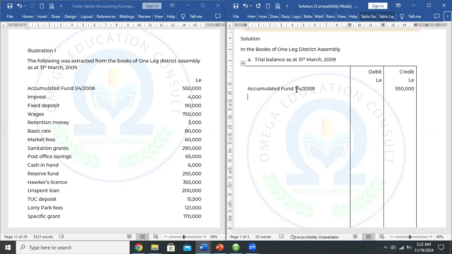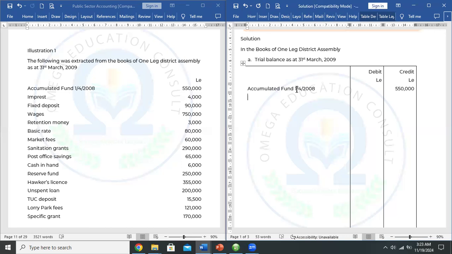Okay. The second one is imprest. Imprest, please. I want to impress on my professors to really apply knowledge acquired previously here. Imprest. So what is it and where should it be, debit or credit? Okay, let me call Prof. AC who joined us.